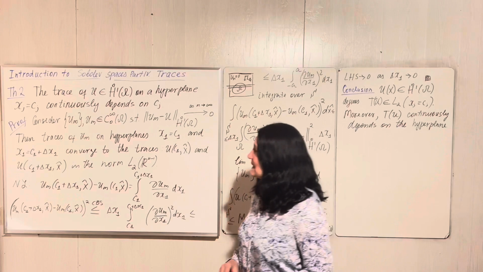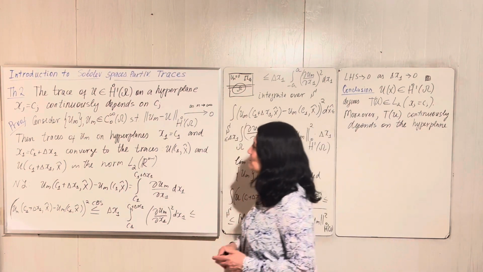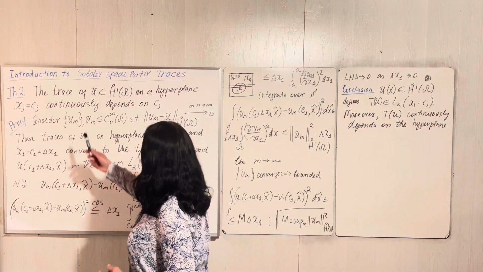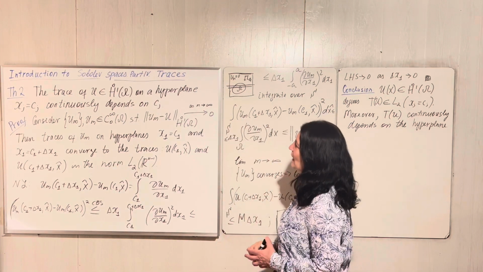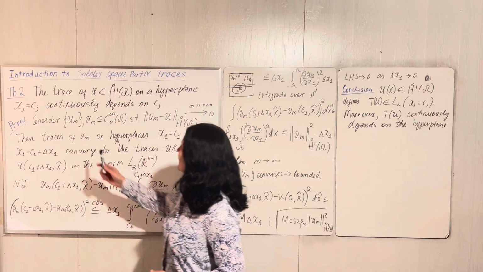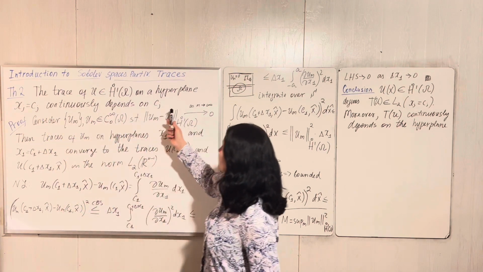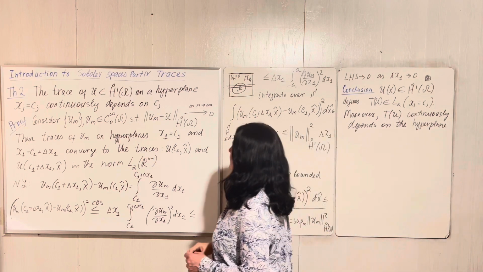Let's continue studying traces. So theorem 2, assuming that the previous theorem was theorem 1: the trace of function u from H^1_0 on the hyperplane x_j = c_j continuously depends on c_j.